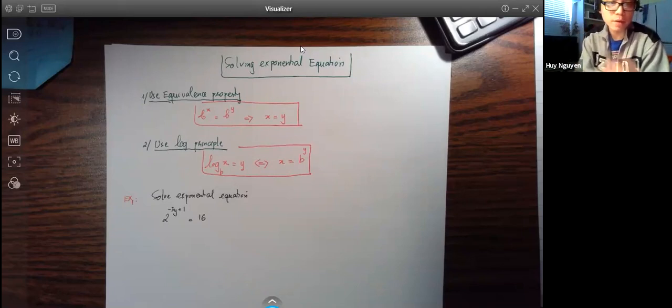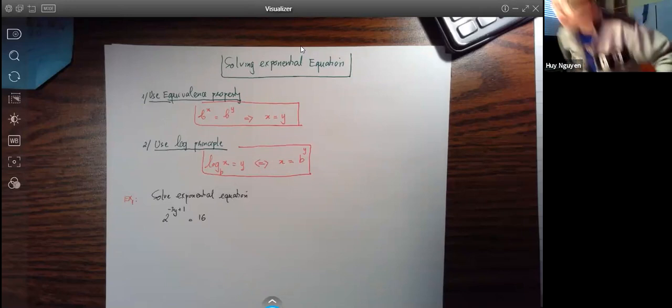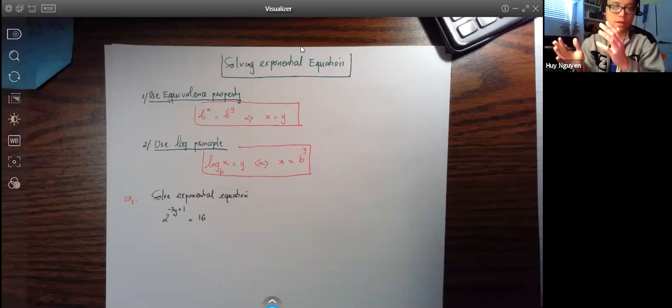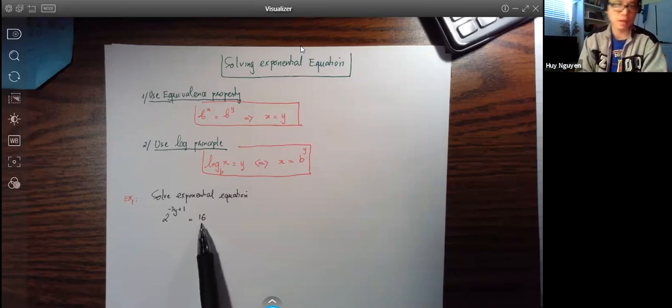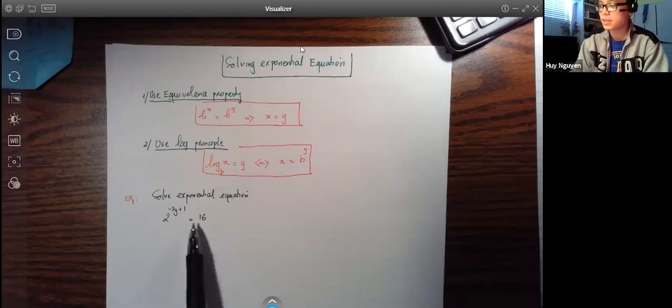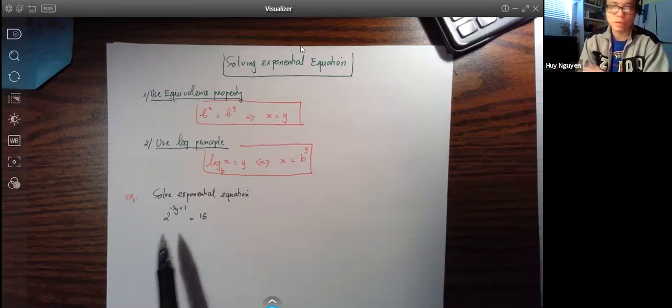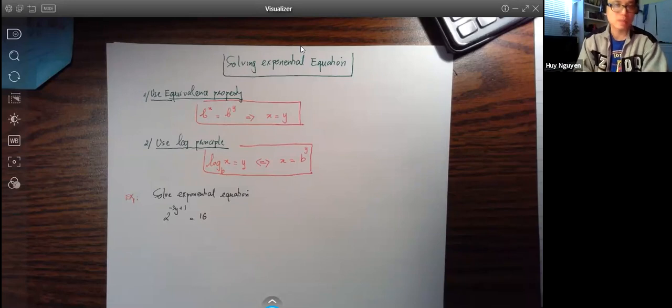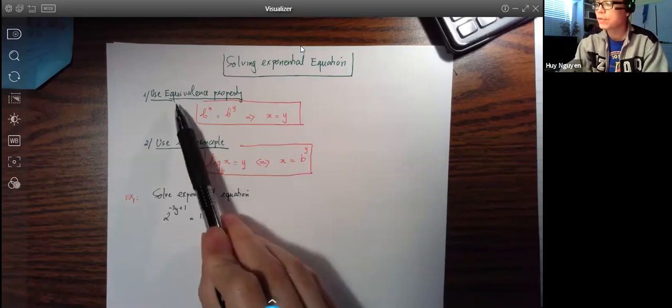But if you look at both sides of the equation, on the left-hand side, the base is 2. The right-hand side, the base is 16. So we have a problem. The base is not the same. 2 and 16 are not the same, and because of that, we cannot apply the equivalence property yet.